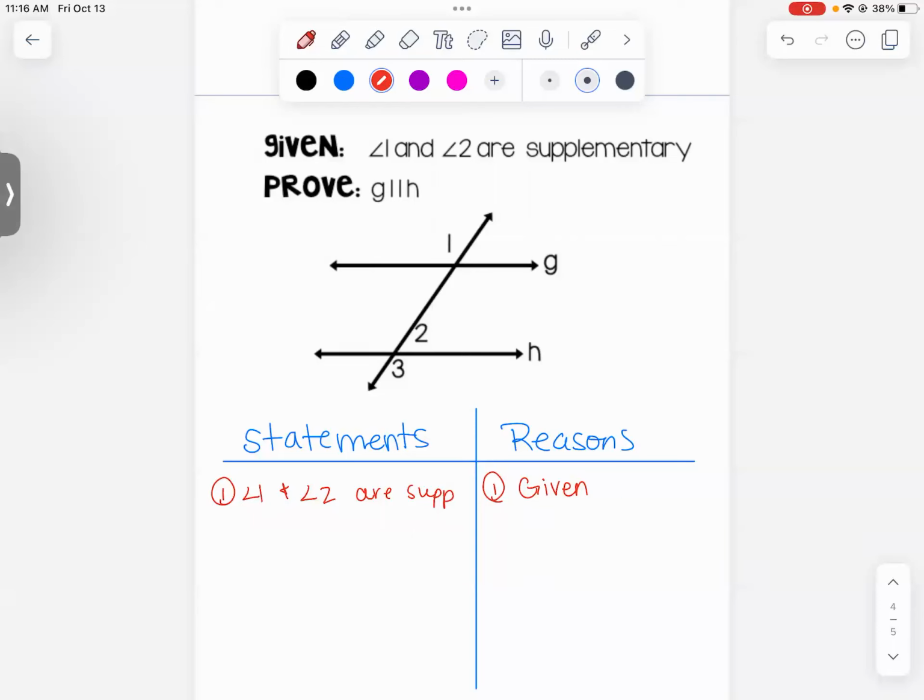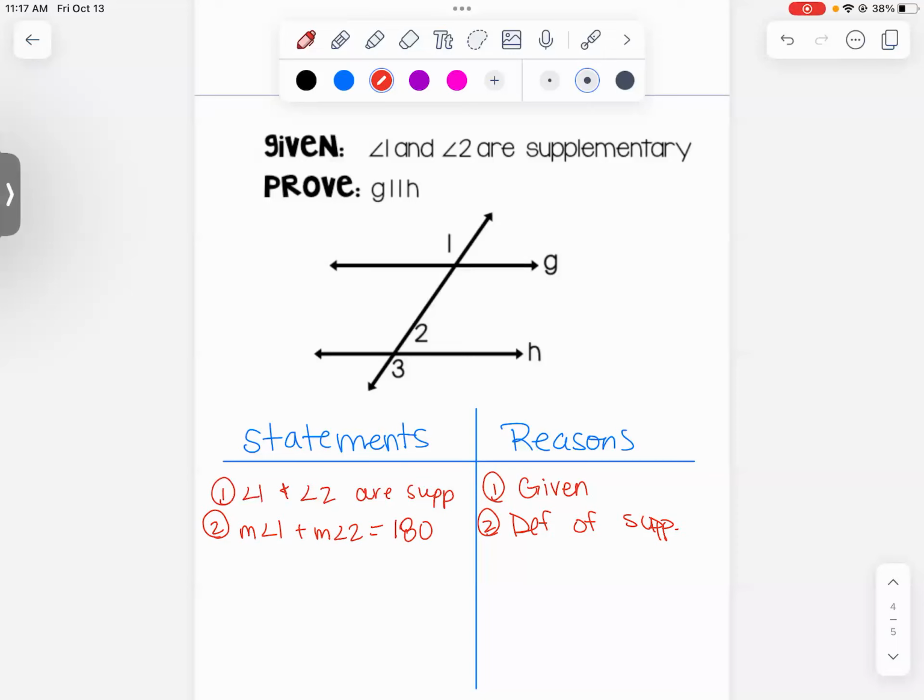Okay, so we know that 1 and 2 are supplementary. What does it mean to be supplementary? The measure of angle 1 plus the measure of angle 2 equals 180. Eventually, we need angle 1 and angle 3 to be the same.